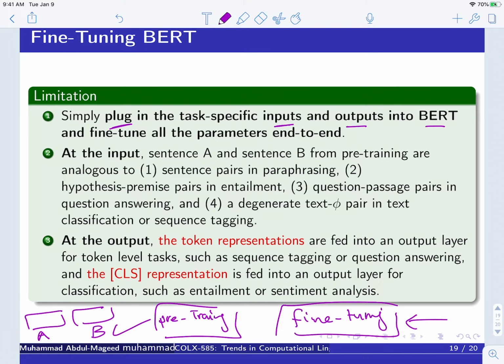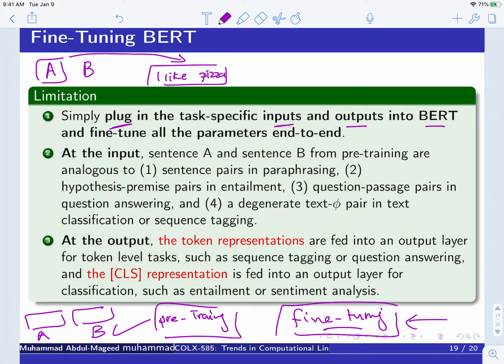It's pretty similar to what we will do in fine-tuning, because sentence A is similar to "I like pizza," which is a sentence that I want to classify.